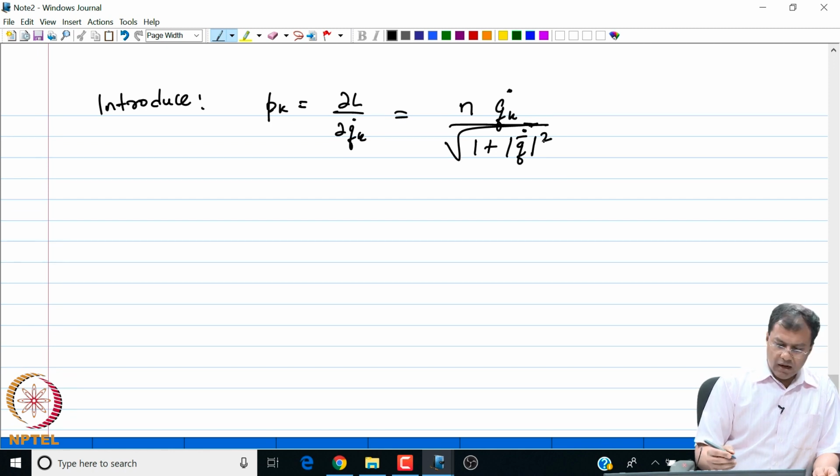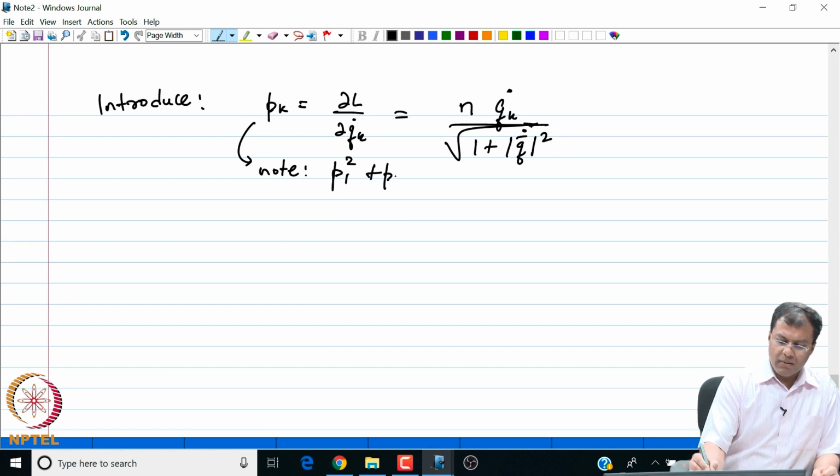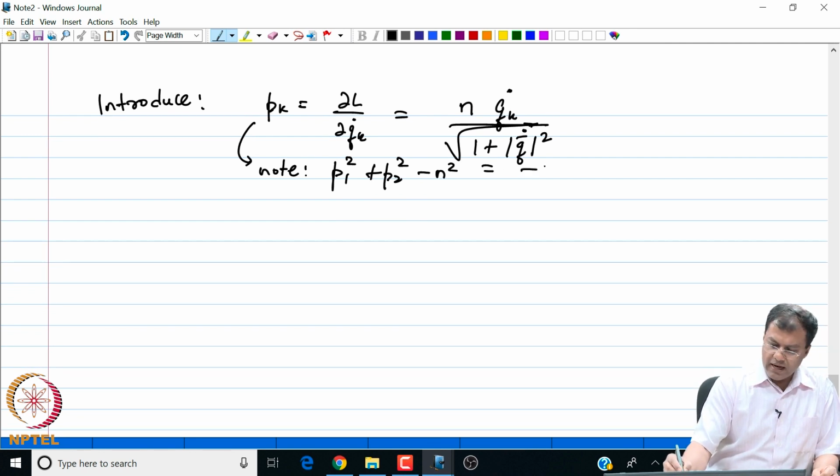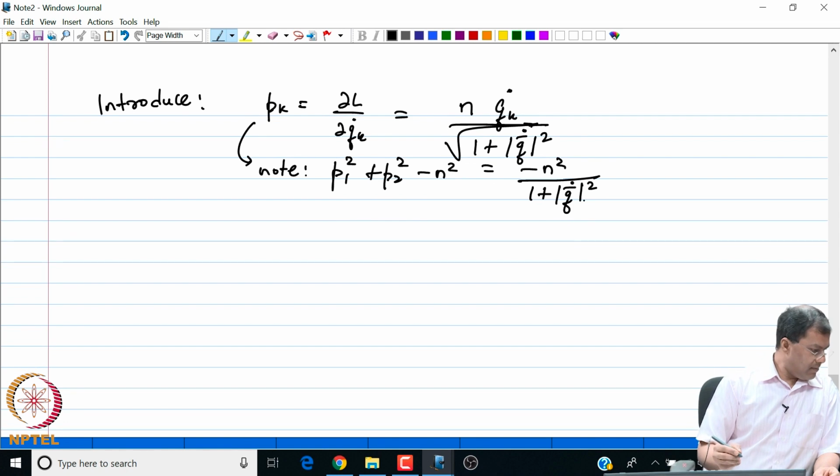And note that I have the relation that p1 square plus p2 square, from this expression for pk, is equal to n square times mod q bar dot square divided by 1 plus mod q bar dot square.